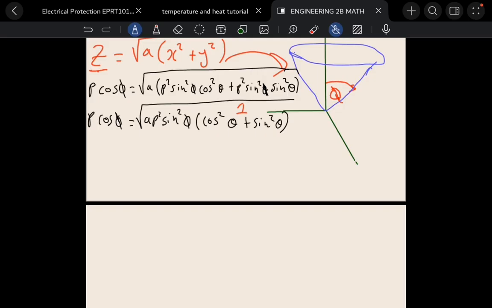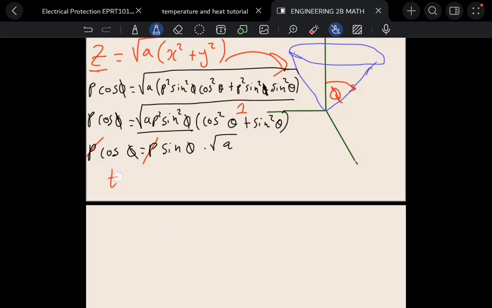And then, if you take the square root of this thing here, I'm going to have rho cos phi is equal to rho sine phi times the square root of a. Now the rho will actually divide, and if you divide both sides and formulate a tan, you have something like this.